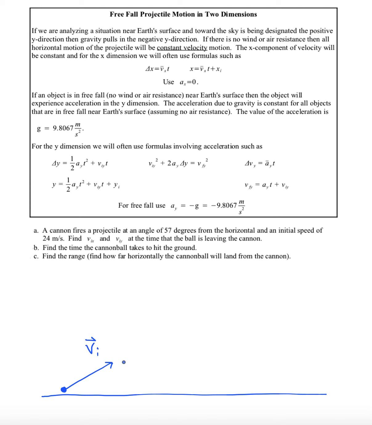As the projectile travels through the air, we expect to see this kind of motion map. A parabolic path for the projectile, where it leaves the cannon, reaches a peak, and then comes back down to level ground once again.